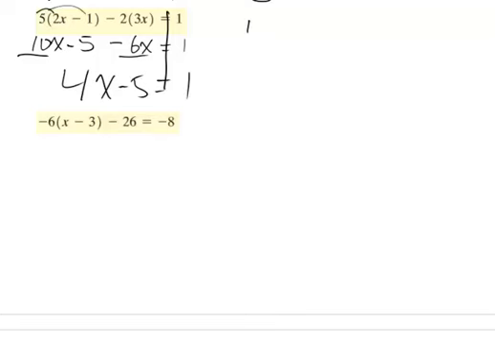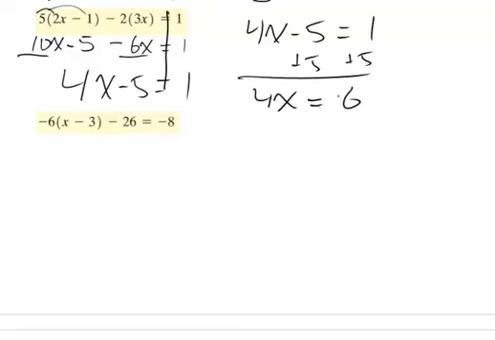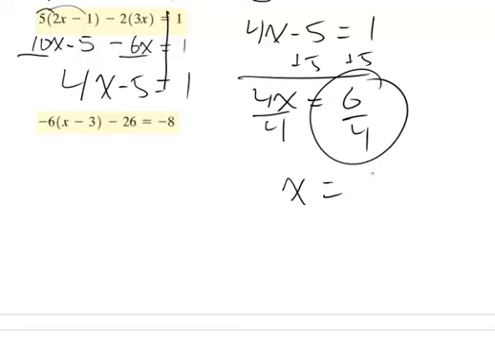So if I have 4x minus 5 is equal to 1 and I add 5 to both sides, I now have 4x is equal to 6. And when I divide both sides by the number 4, I'm going to come up with, I can reduce this fraction, 3 over 2.